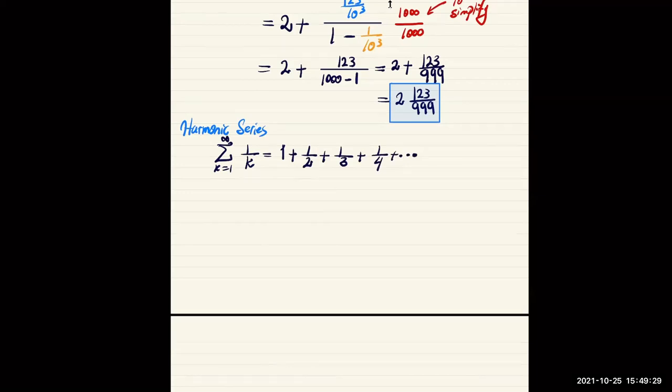The values go down. When you let k go to infinity, this thing goes to 0. And we are adding a bunch of values that keep getting smaller and smaller. We want to know if this thing is going to converge.